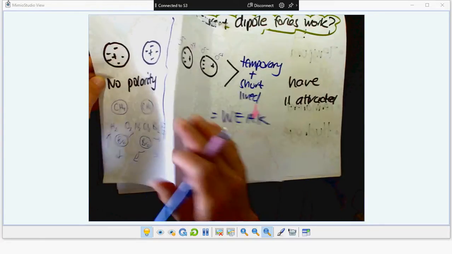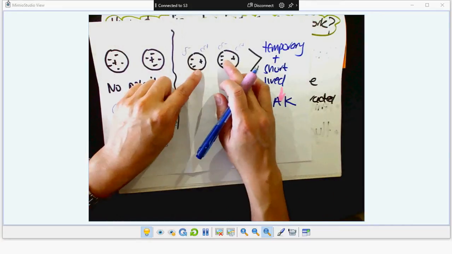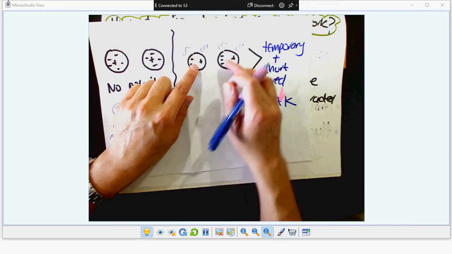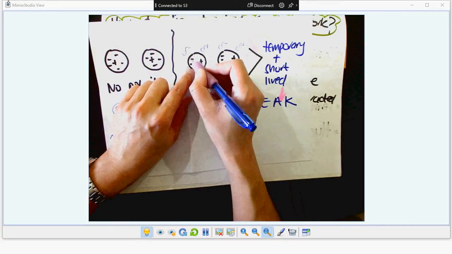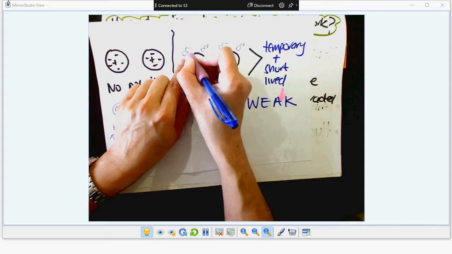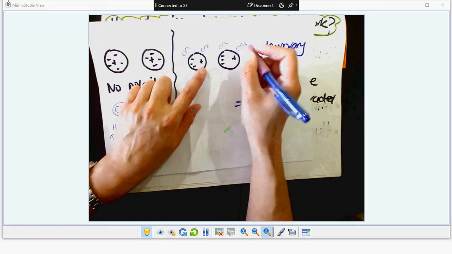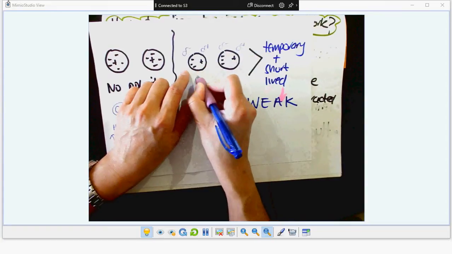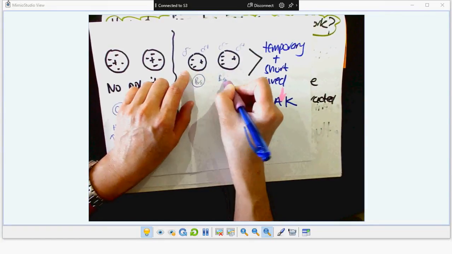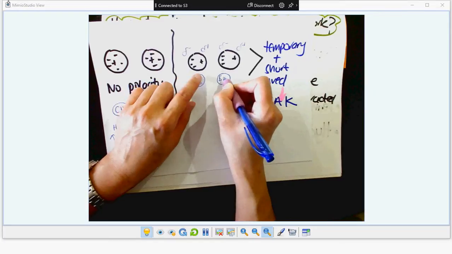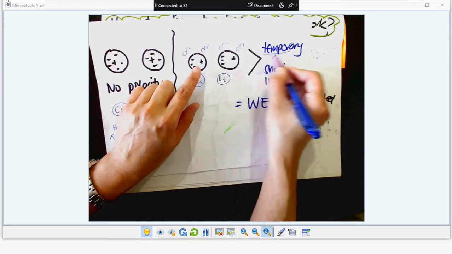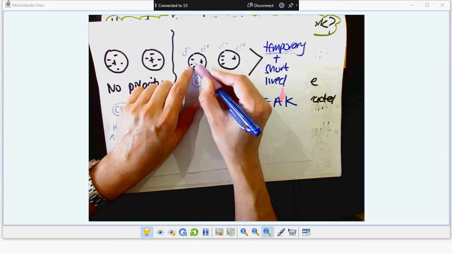When the molecules come close together, for a slight moment, there will be a change in the electrons. So delta negative means slightly negative, and delta positive means slightly positive. So if you've got a Br2 molecule and another Br2 molecule, for a temporary amount of time, there'll be a slight change.